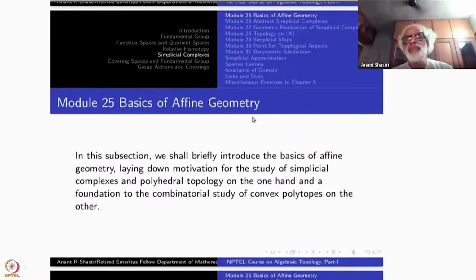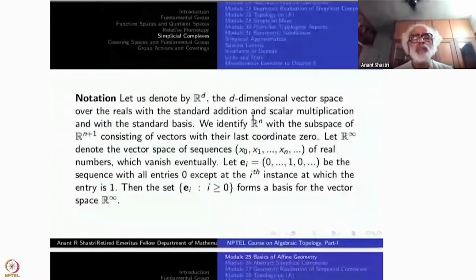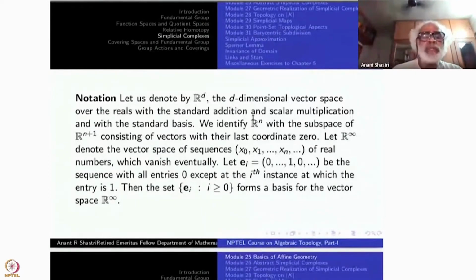So let us fix some notation so that again and again we don't have confusion. R^d denotes the d-dimensional vector space over the real numbers. The standard basis is (1, 0, 0, ...), (0, 1, 0, ...), (0, 0, 1, ...), etc. They are denoted by e_i.